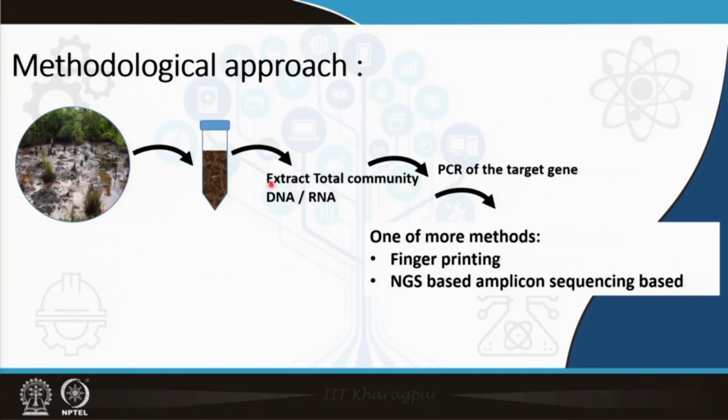So, finally, that mixture of the nucleic acid, it may be DNA or it may be RNA as per our experimental decision, and then the PCR of the target gene.